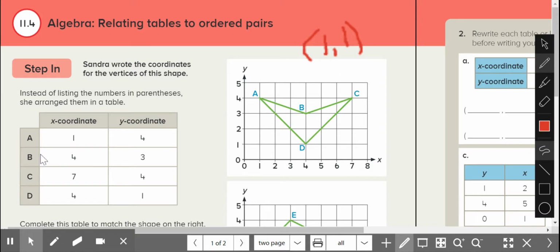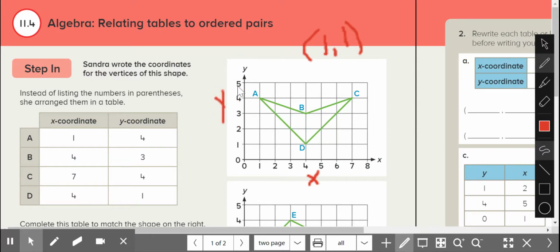Sandra wrote the coordinates for the vertices for this shape. Instead of listing the numbers in parentheses, she arranged them in this table. This might be the easiest way to organize, because we just have to remember that the line that goes across this direction is the x-axis, and this belongs to the y-axis.